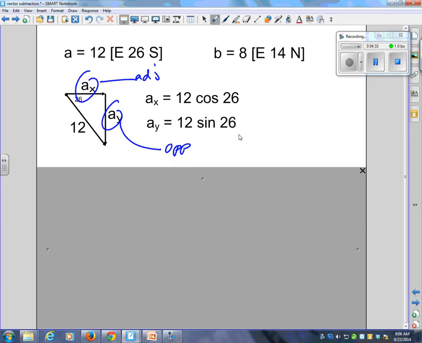That's weird. Well, 12 times cos 26, I get 10.8.